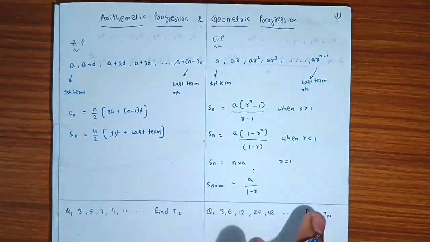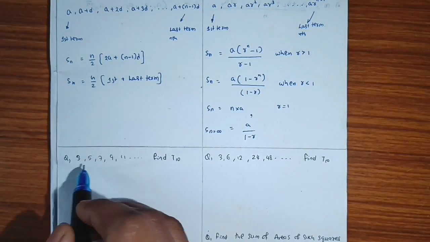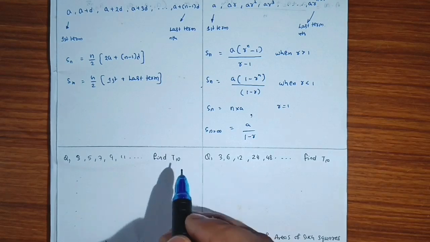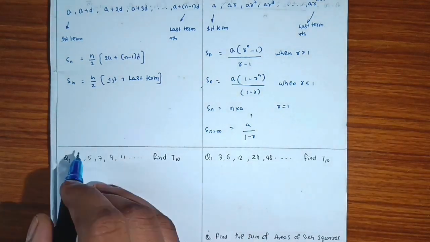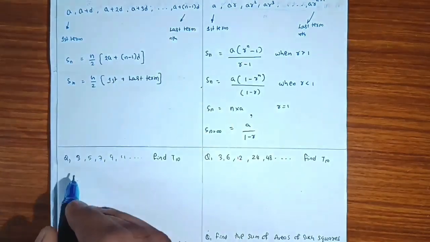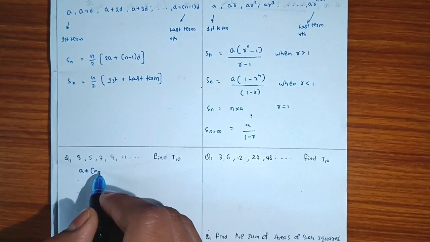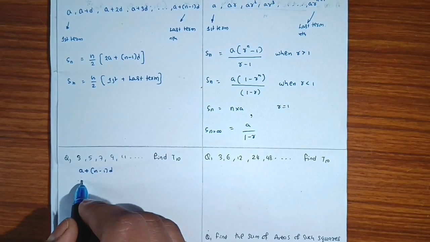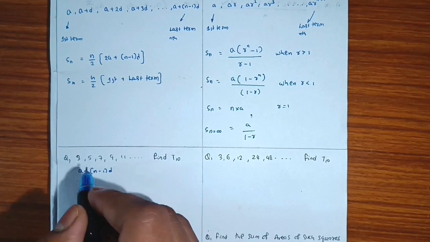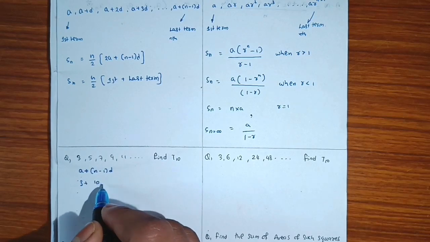Let us solve a few questions regarding this topic. The first question: 3, 5, 7, 9, 11, and so on. Find the 10th term. The formula to find the nth term is a plus (n minus 1)d. Here a is 3 and n is 10, so 10 minus 1.